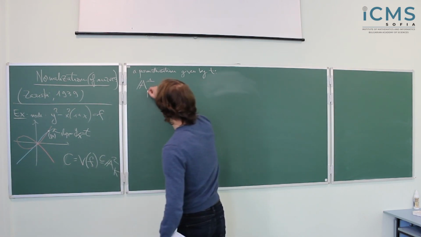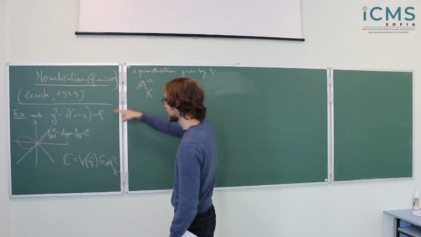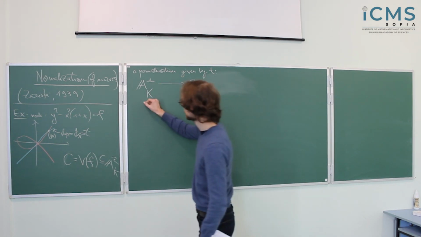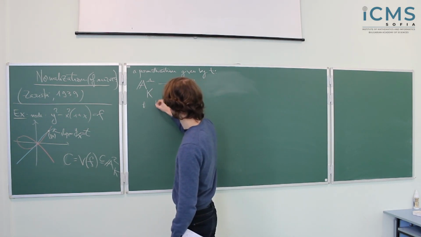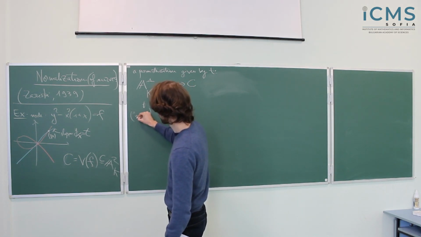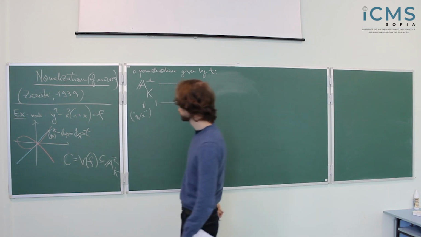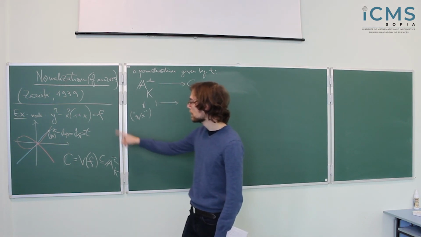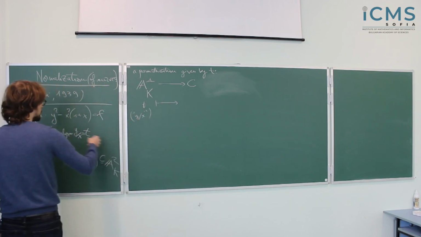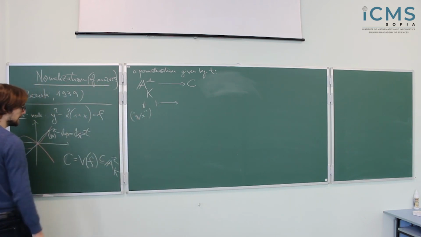So how do I parameterize thanks to t? I take any value t, and I try to make it equal to y over x. So I try to find equations for x and y according to t in the equation.